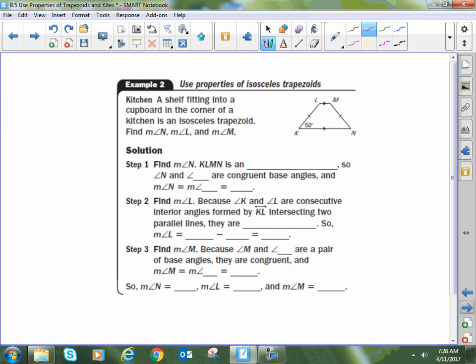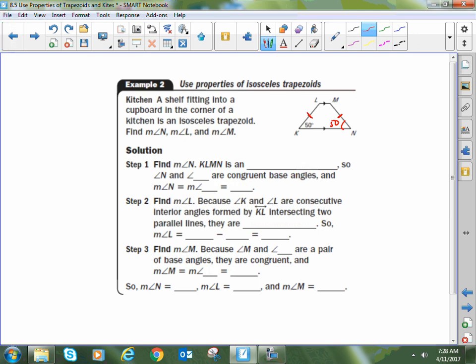Well, because it's isosceles, and I know it's isosceles because they give me those little hash lines that are indicating that it's isosceles, that means angle K and angle N have to be the same. So this one has to be 50. So we got two of those angles.